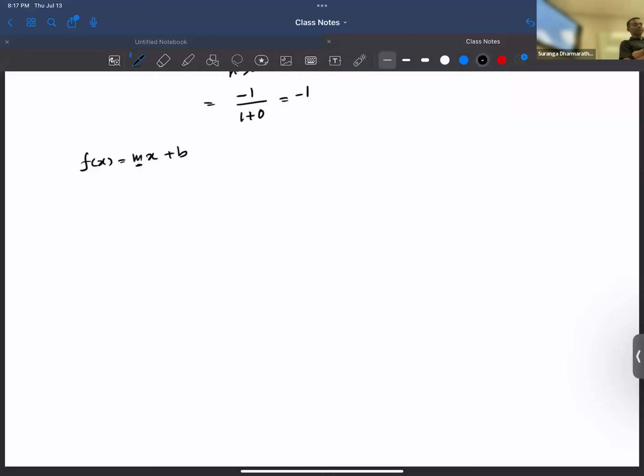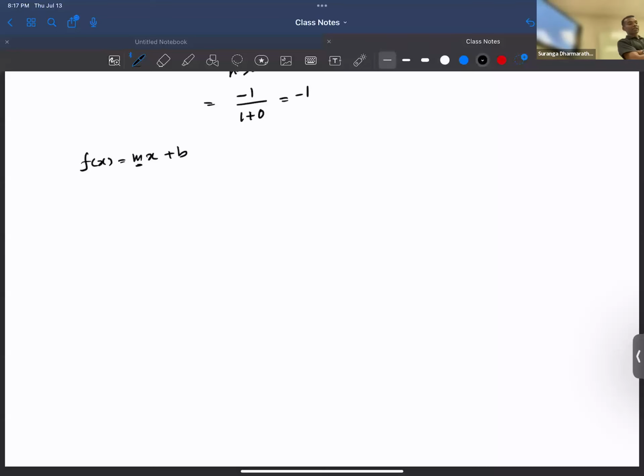What do you call that function? Linear function. Very good. It's a linear function. Why is it called linear function? Because it's a straight line. If you connect all the points that represent that function, that becomes a straight line. So this is called linear function.